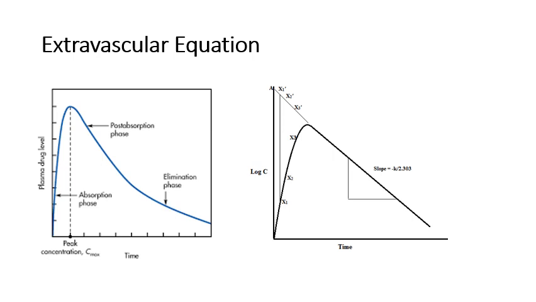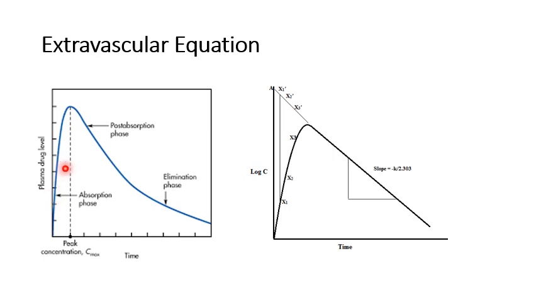Okay, so for extravascular equations, where the drug is administered by other routes rather than intravenous administration, we should have an absorption phase, a post-absorption phase and an elimination phase. For example, this plasma concentration time curve is a typical plasma concentration time curve following oral administration of a drug.